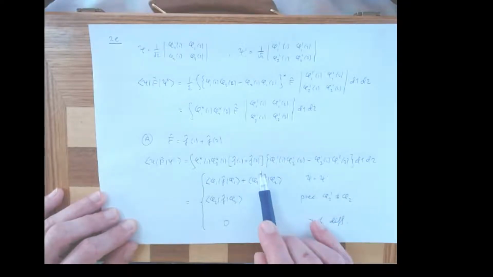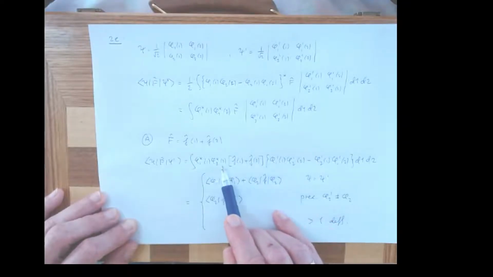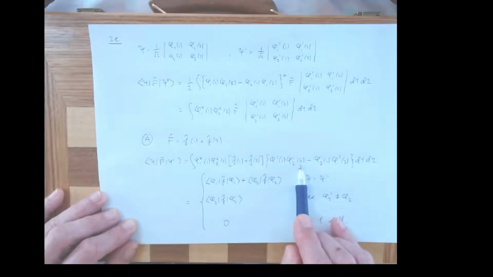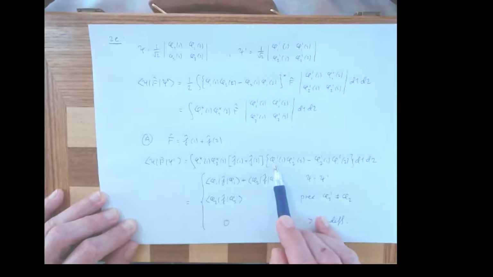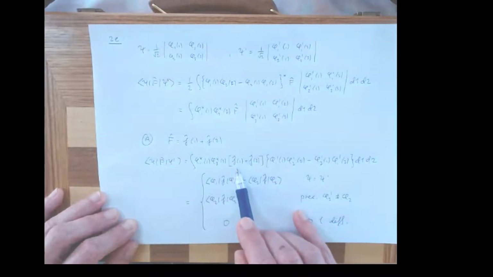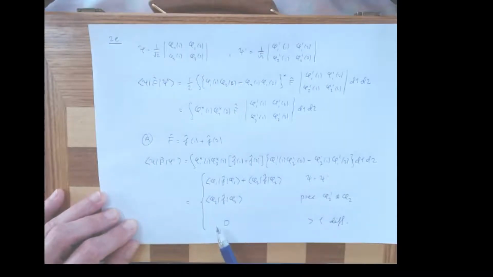And if I take the other operator, then 2 and the operator and 2 prime, this integral is not 0, but then I have 1 against 1 prime, and that integral is 0. So a single body operator can only save one orthogonality. So if there are more than one differences, so this means 2 differences in our case, due to orthogonality, I will always get 0. So that's what happens in the A case.